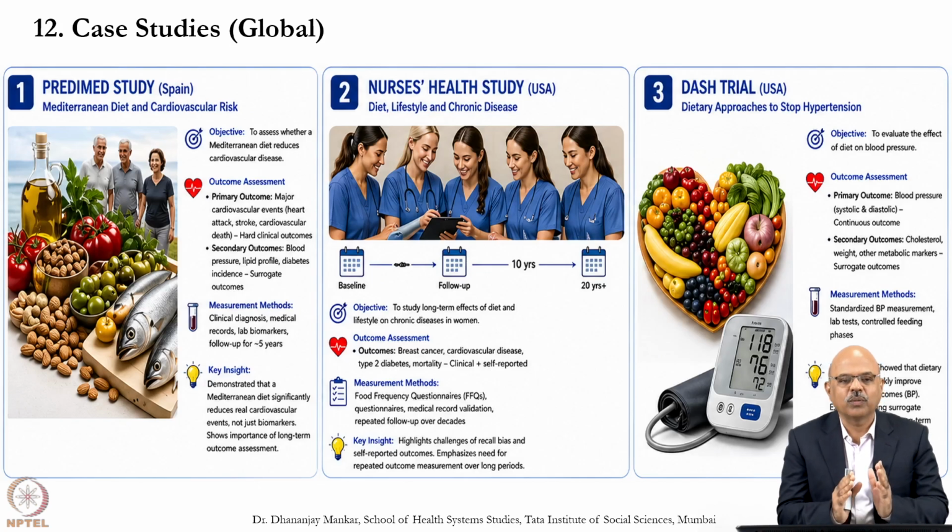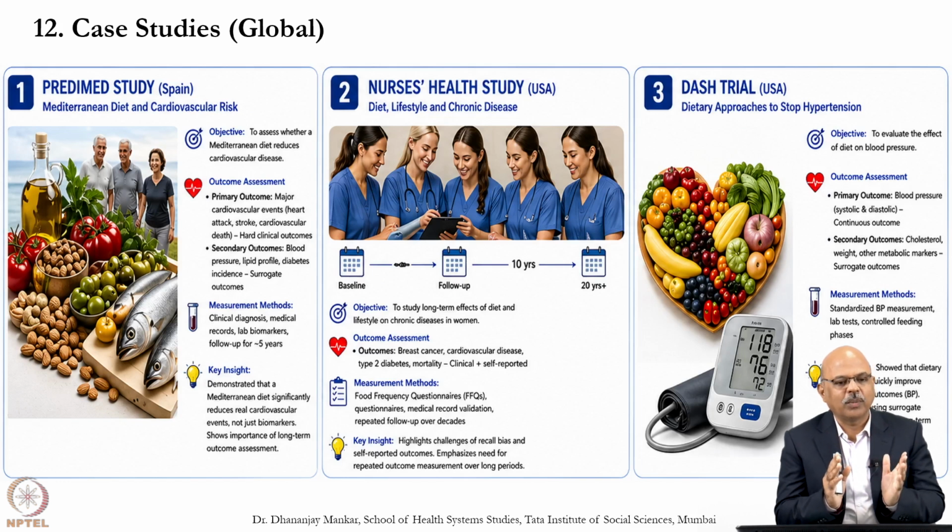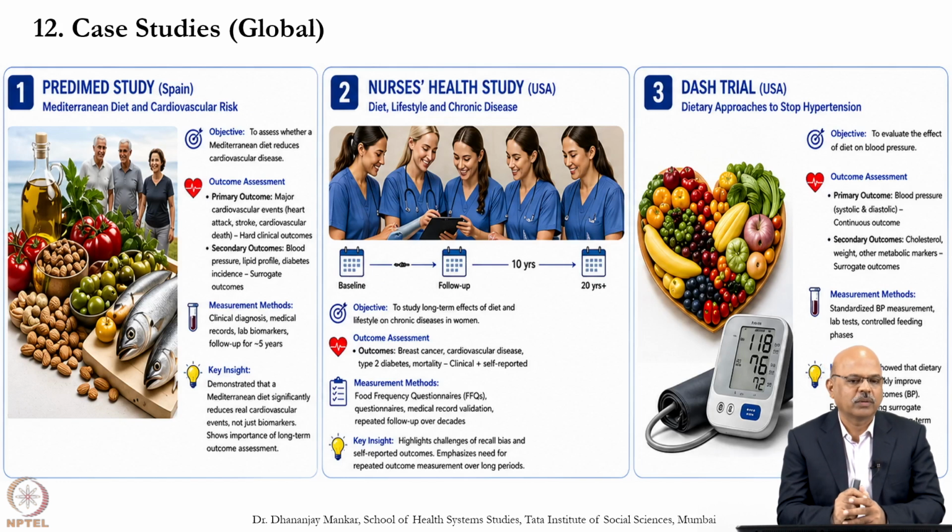The primary outcomes were the cardiovascular events: heart attack, stroke, cardiovascular death, and heart clinical outcomes. Secondary outcomes were blood pressure, lipids, diabetes incidence, which are surrogate outcomes. The measurement was done on clinical diagnosis, medical records, lab biomarkers, and a follow-up after 5 years.